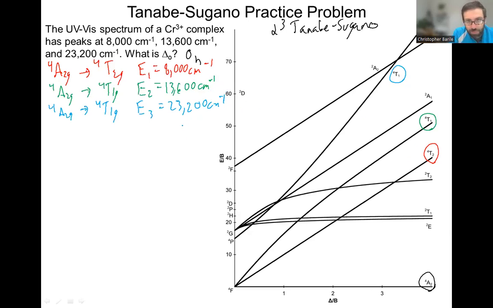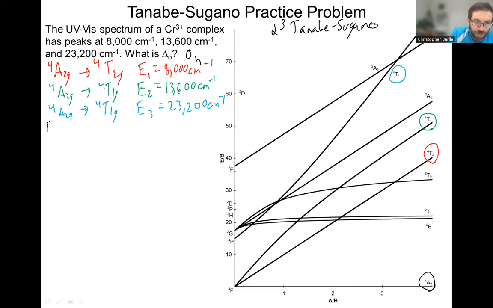But anyway, the crux of this problem is figuring out where we are on this Tanabe-Sugano diagram. Where are we in terms of the x-axis? We don't know what the ligands are. Once we figure out where we are on the x-axis, we'll be able to solve for delta O. So that's what we have to figure out. The way to do this is to look at the ratios of the peaks.